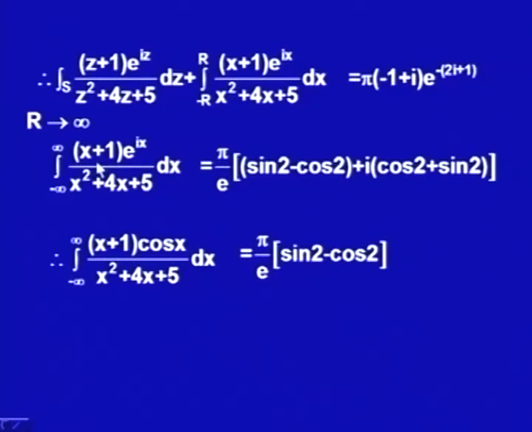If I had to find the imaginary part, that is, if it had been sin x, I would have used the imaginary part. So today we have learned that even if our function f does not satisfy the degree condition, there is one more result we learned, called Jordan's lemma, which says the integral from 0 to pi of e to the power minus r sin theta d theta is bounded by pi upon 2r.